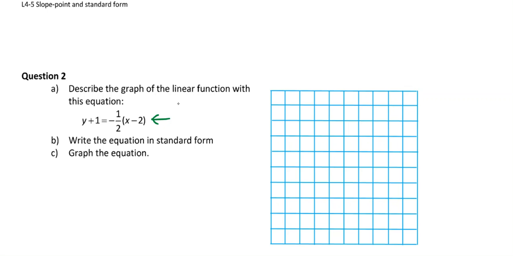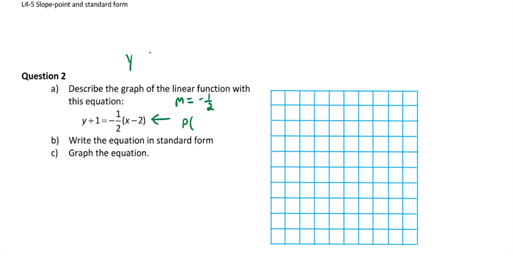So let's just figure this one out. The slope of this guy, let's write it down, would be what? Yeah, -1/2. Okay, and then a point. So I'll just call that maybe point P, and then put it in brackets. Now this one might be a little bit harder to pull out, but I'll show you what the trick will be here.